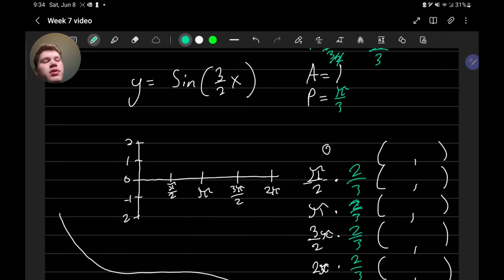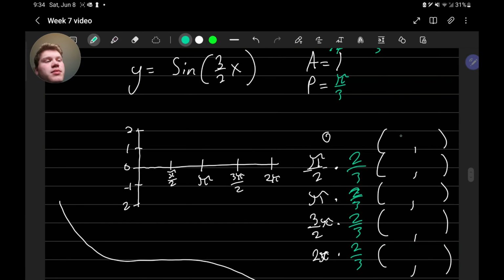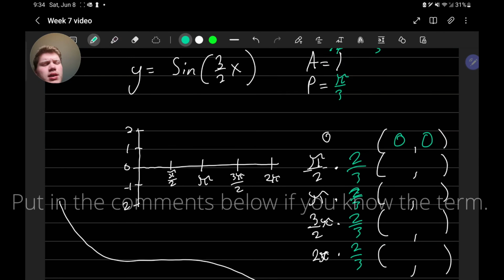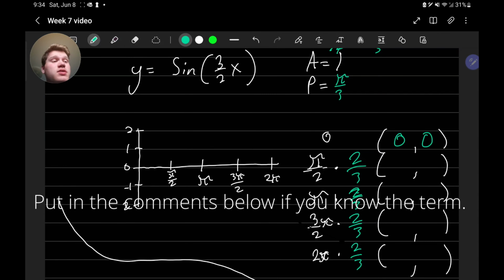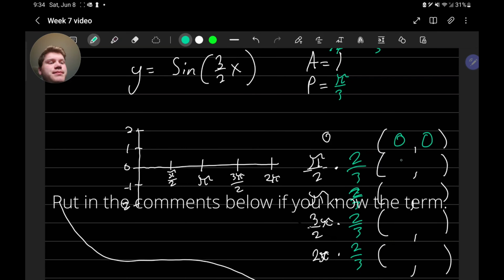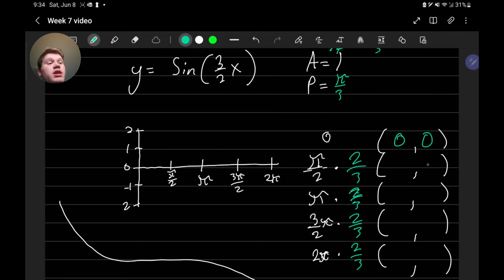So what we're going to do is we're going to multiply these values here. Our starting value, because of the sine, starts at the origin, so we got 0, 0. Remember, cosine starts at the amplitude. And then the sine value starts at 0, the origin, and then it goes to the amplitude. So we got our amplitudes over here: 0, 1, 0, negative 1, 0.